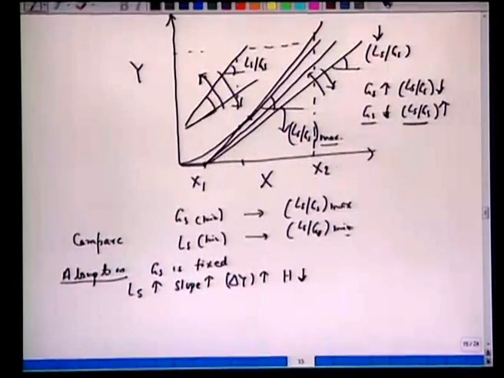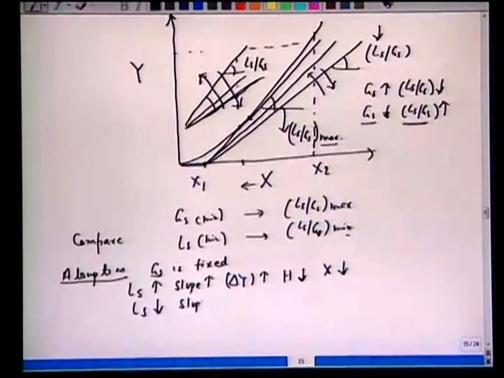If we increase the slope from here to here to here, the concentration of x will move in this direction, so the spent liquor will be dilute or will have small concentrations. On the other hand, if we decrease LS for a given GS, then the slope decreases, driving force decreases, height of the column increases, and x increases.